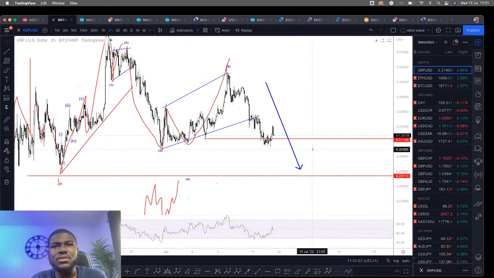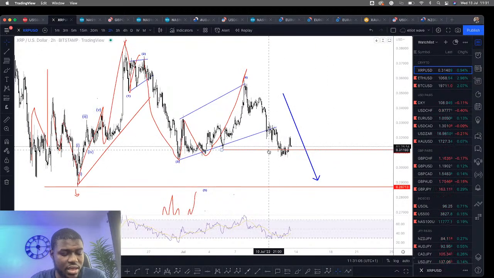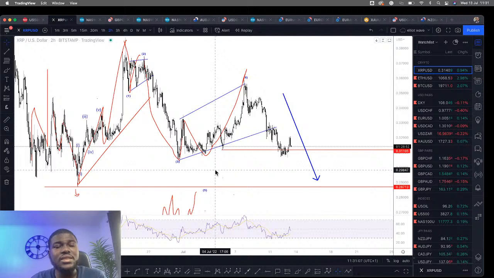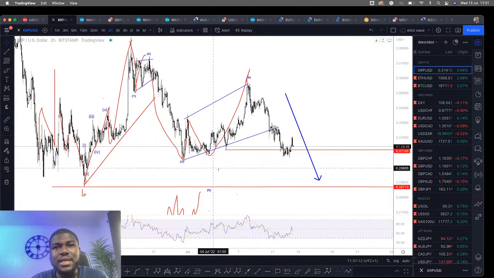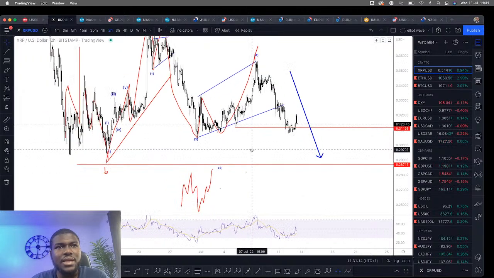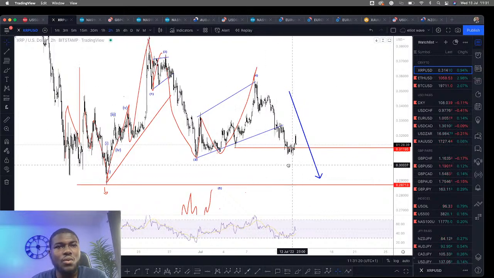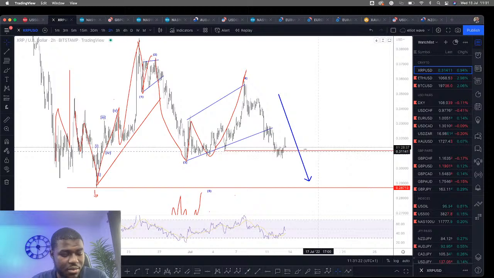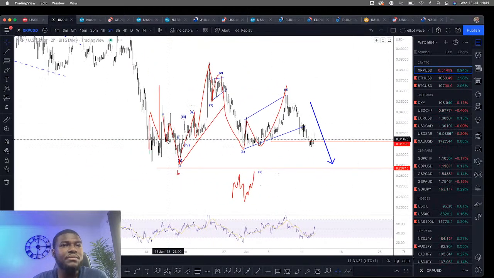Starting from Ripple, I already have an analysis on Ripple since Monday. Those guys that were here on Monday will testify to this, that my call on Ripple is a sell. So I already illustrated this and I shouted on top of my voice that, guys, cryptocurrencies are going to fall once more, and that may be the final leg of their sell or their short position.